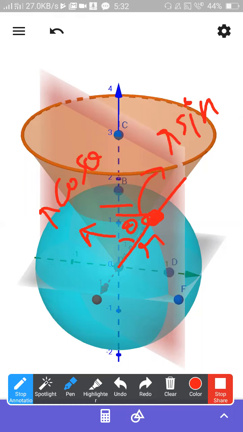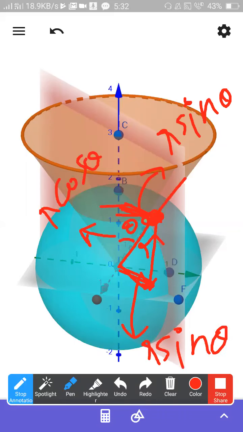Somebody tell me, if I project this point to the base plane, what will be that value? That is also r sin theta.